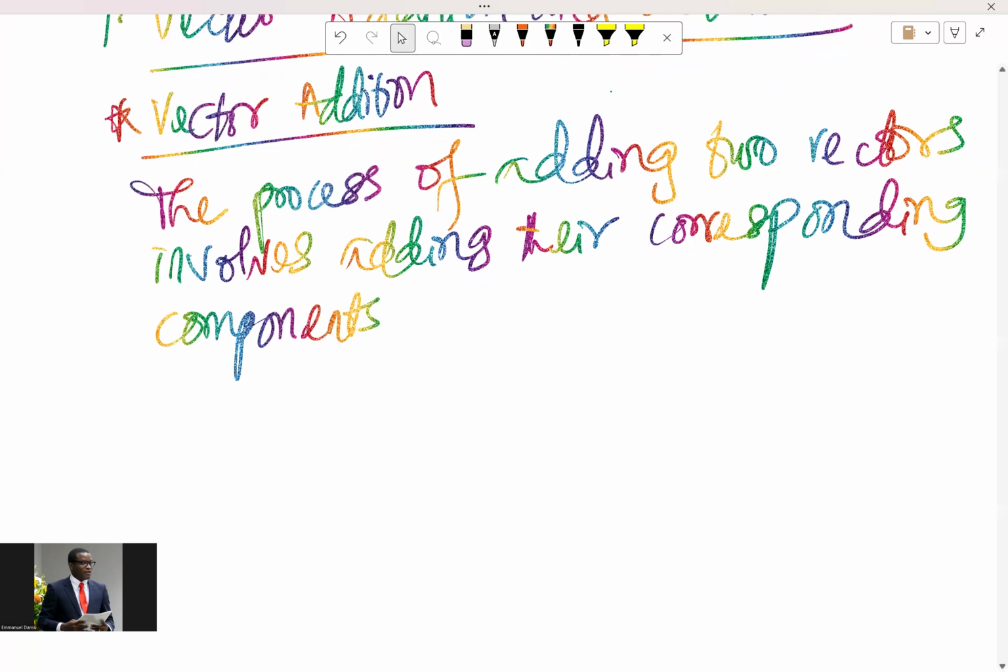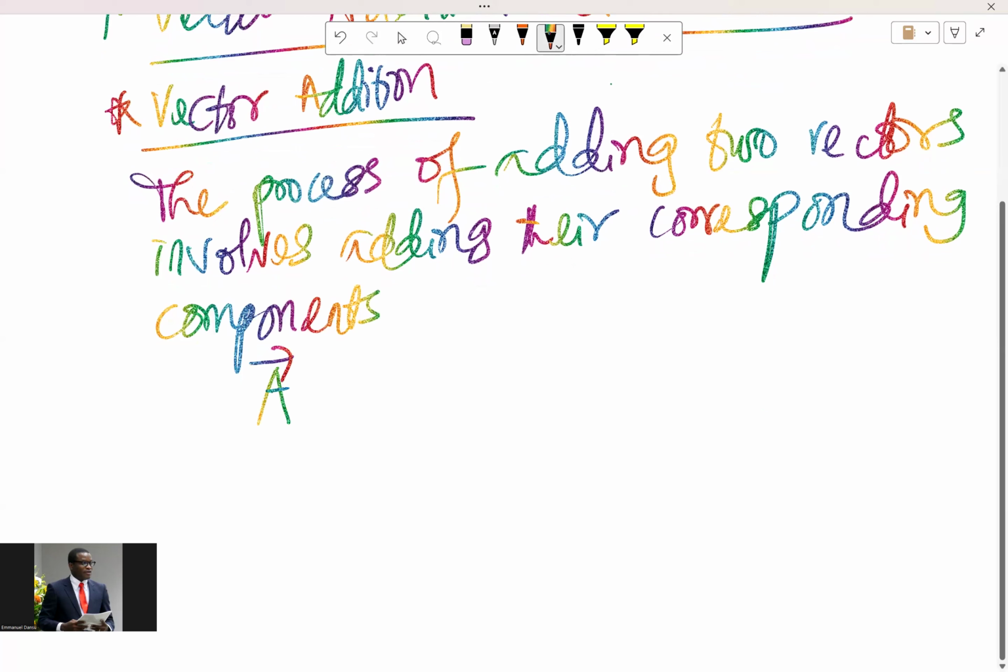In the previous video, we came across the idea that we can have vector A as AX in the direction of i, plus AY j, plus AZ k.